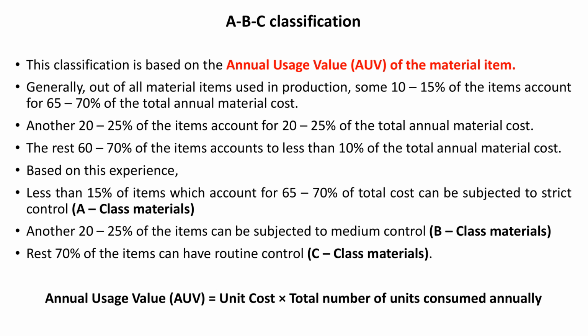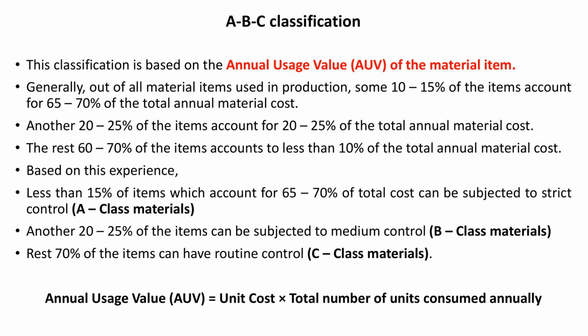Based on this experience, less than 15% of the material items, which accounts for 60 to 70% of the total cost, can be subjected to strict control, and such materials can be classified as A class materials.